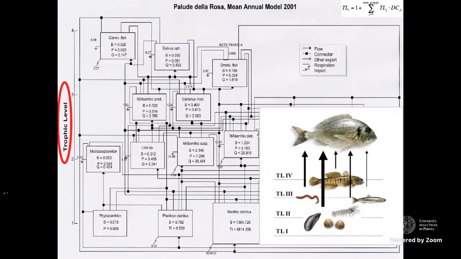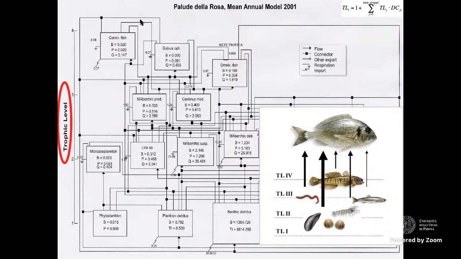So the lower trophic levels are production or primary production, then you have the higher trophic levels that go to fishes, up to carnivorous fishes, and then you have also higher trophic levels that are, for example, higher level predators like birds, or man that is fishing, maybe seen as an element of a trophic network.